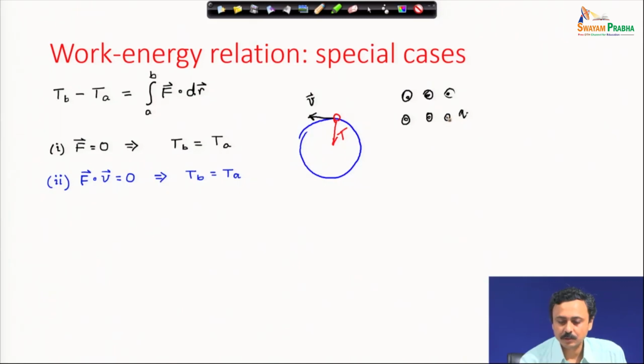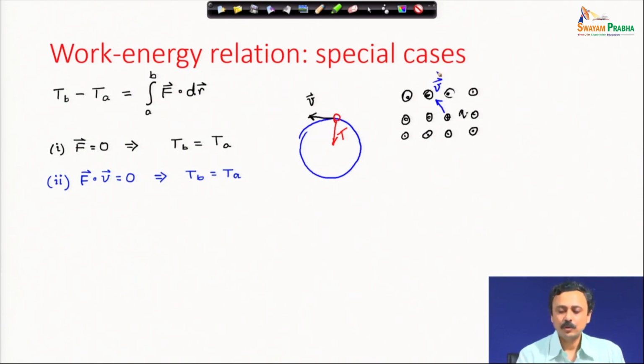So, this is our positive charge and there is a magnetic field coming out of the plane of the screen, and this charge is given a velocity.